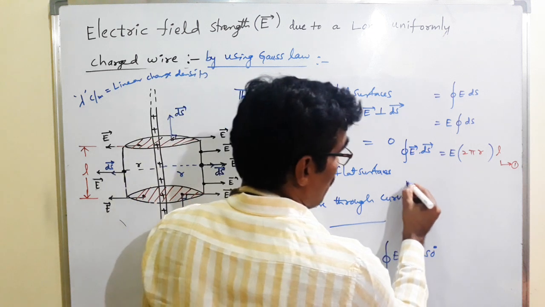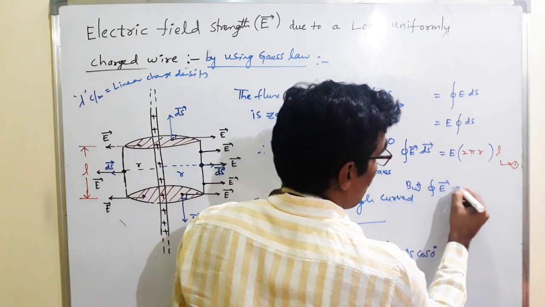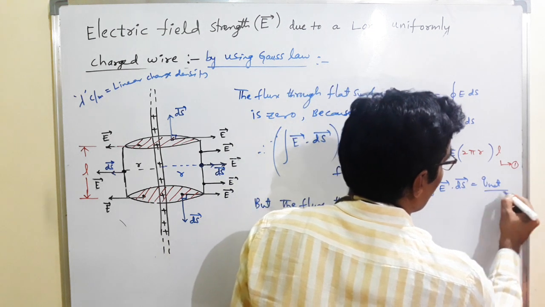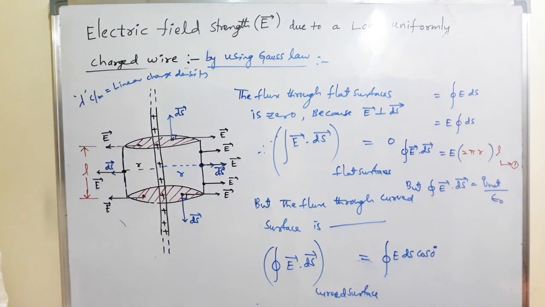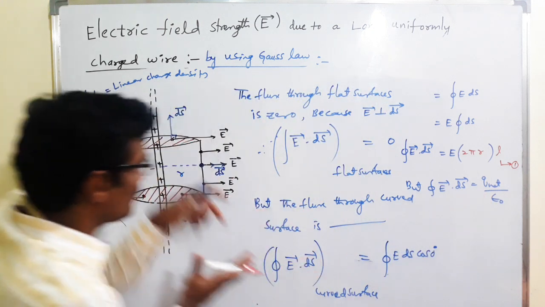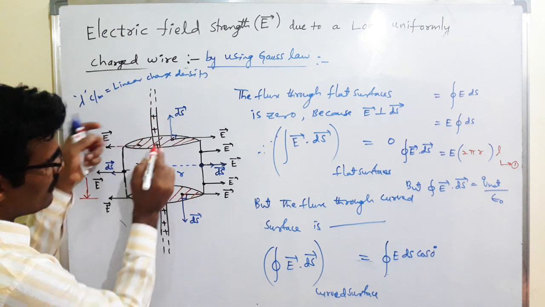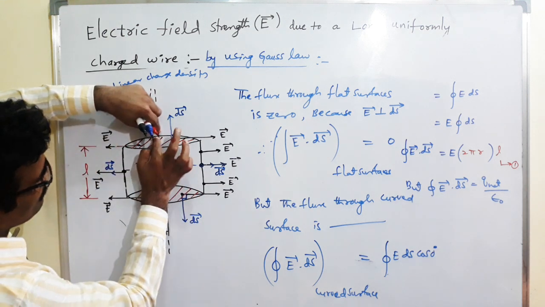But according to Gauss law, the flux equals q net by epsilon naught. Q net is the charge enclosed by the closed surface. Here the enclosed charge is this portion, from here to here.